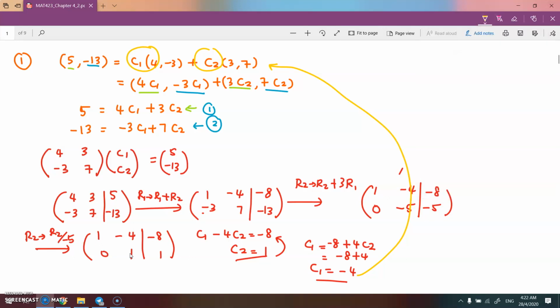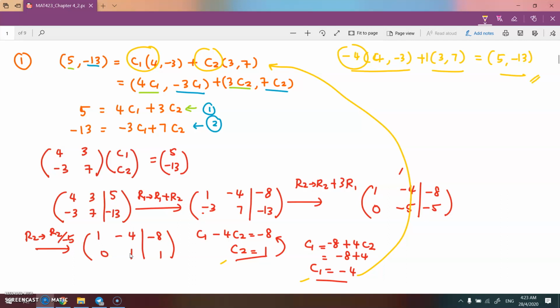So -4 (4, -3) + 1 (3, 7) = (5, -13). C1 exists, C2 exists, so (5, -13) is a linear combination of these two vectors with scalars -4 and 1.